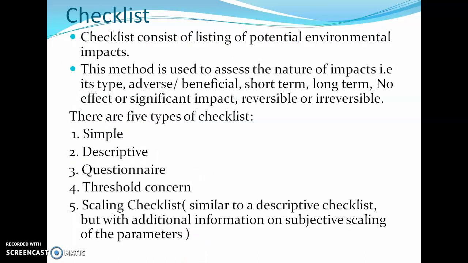First is checklist. Checklist consists of listing of potential environmental impacts. As I have discussed earlier, there will be various environmental impacts during a development project. So first of all, we have to find out what could be the various environmental impacts of the project.